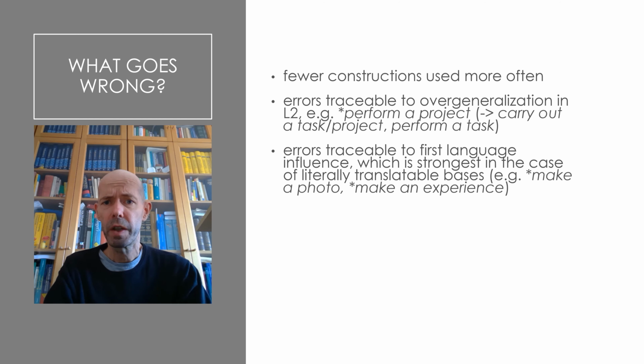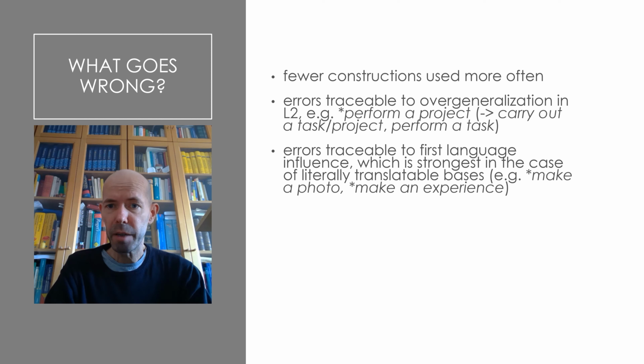But what you can't say, or what you don't normally say, is perform a project, which might then be difficult to understand by native speakers, or also by non-native speakers. They might think that this is about some kind of happening.